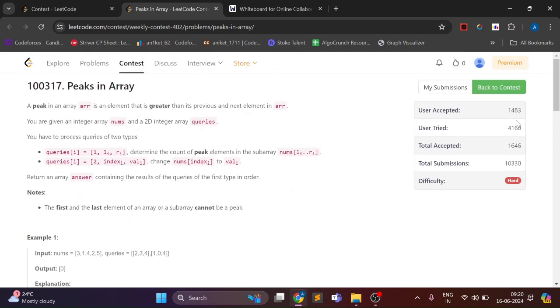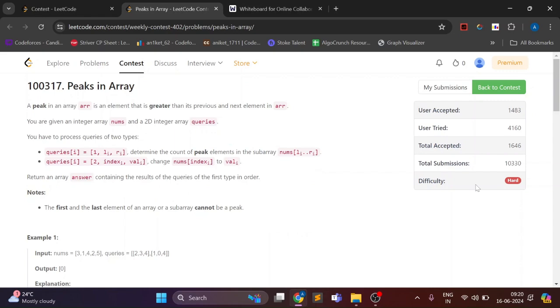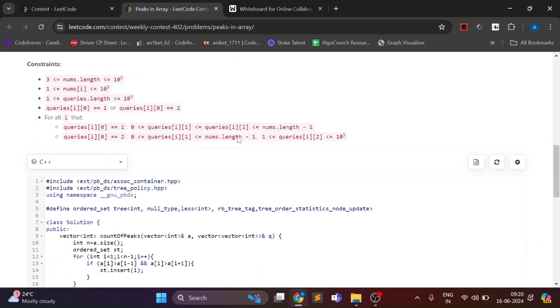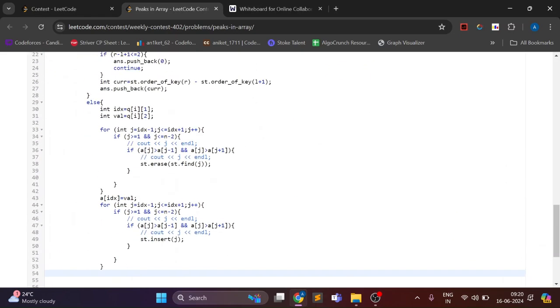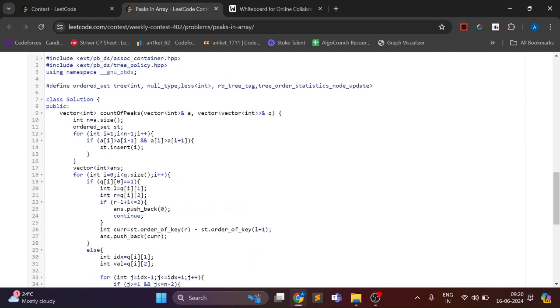So that was about this question. This was, I would say, easier if you know policy based data structures, but there might be an easier solution. I just couldn't think of an easier solution than this.